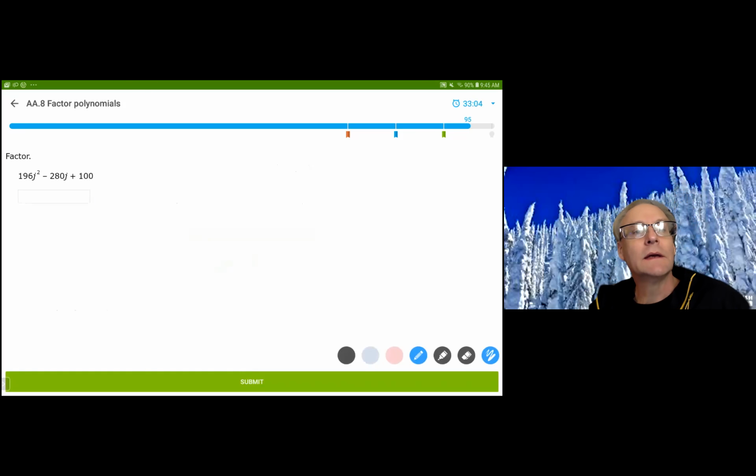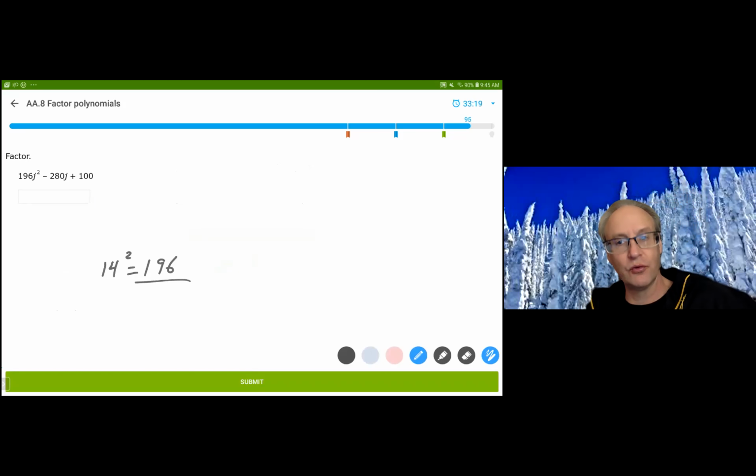Okay. They're just getting big numbers now. Now, 196 happens to be 14 squared. One of the things you want to do is memorize your perfect squares up to about 20 times 20, which is 400. Really good practice so that you are able to factor.